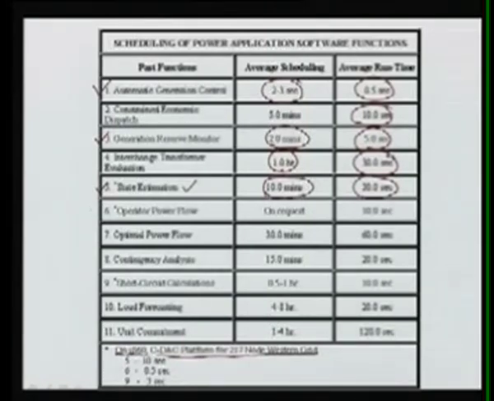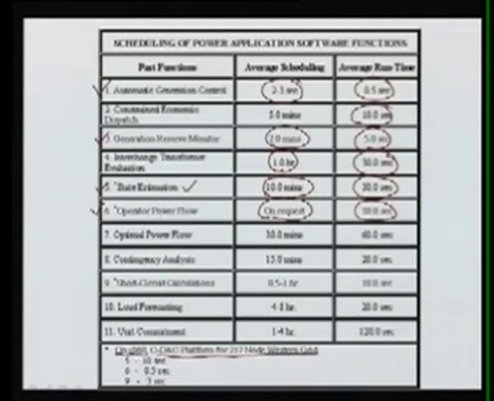Another function is optimal power flow. It is normally done on a request basis. If it is required, then only it is done, but its computational time requires at least 10 seconds. That is the CPU time. There is no elapsed time here; it is the computational time. So it is the operator's power flow, which is done whenever it is requested.